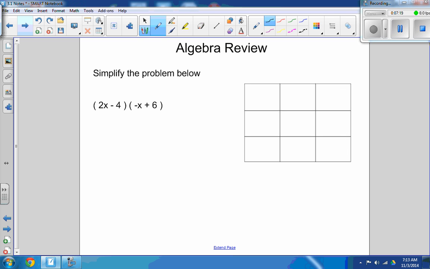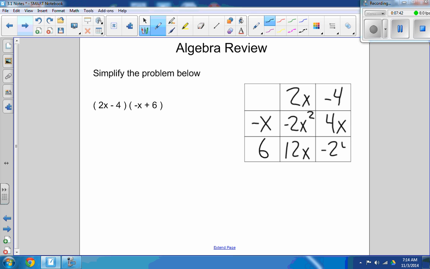Let's do another one. Again, we're going to use the box technique. So 2x minus 4, negative x, 6. Negative x times 2x is negative 2x squared. Negative x times negative 4 is 4x. 6 times 2x is 12x. 6 times negative 4 is negative 24.